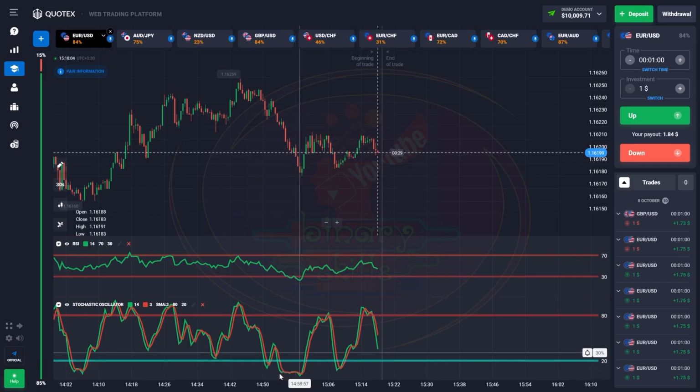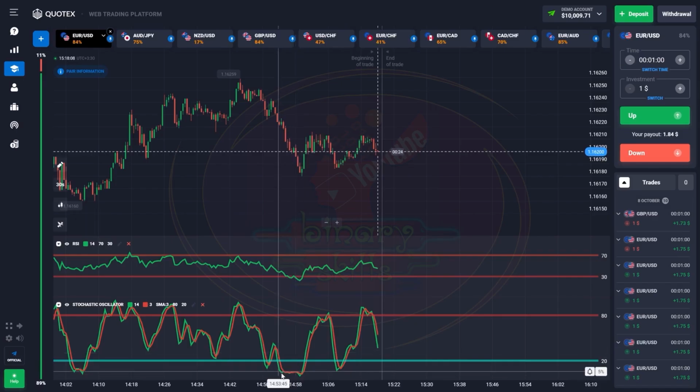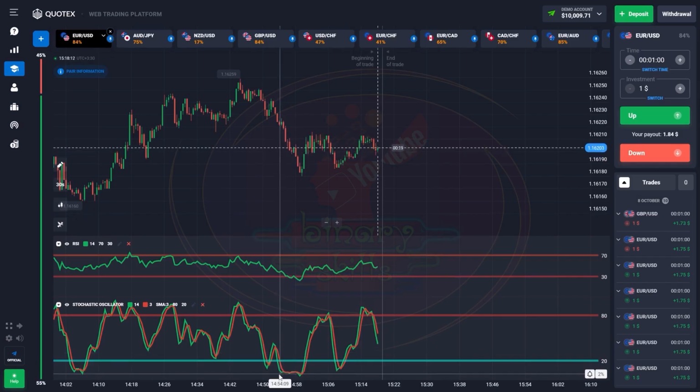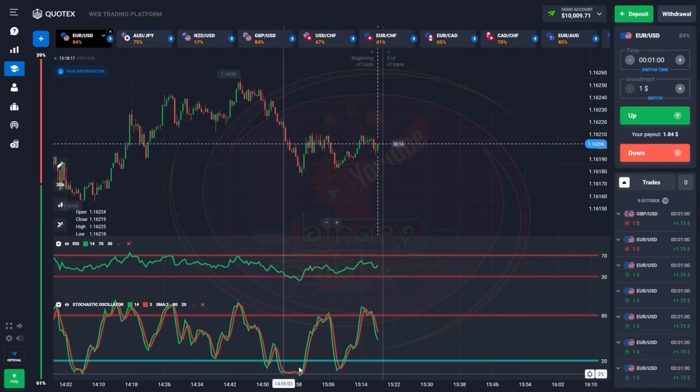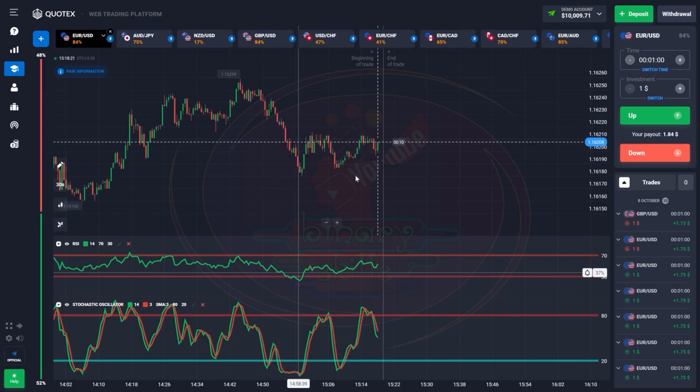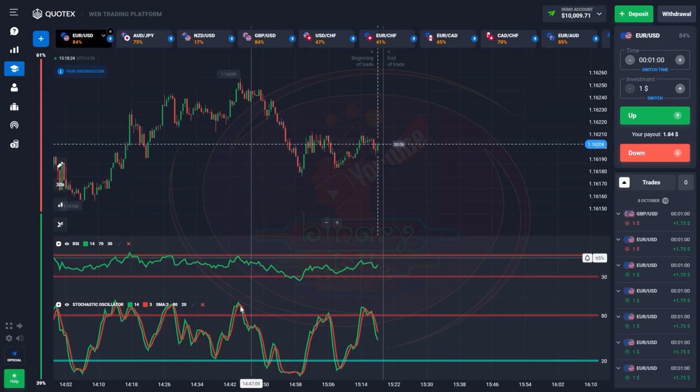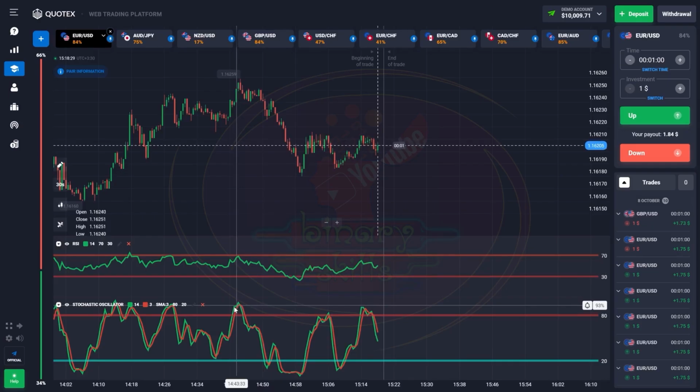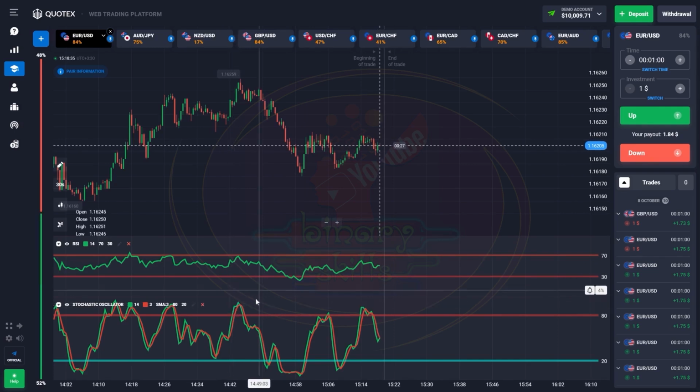Now, when we are considering an oversold condition, the green line should initially be below the red line and moving upward, meaning its trend should be curving upward like this. And if, for example, we are in an overbought area like in this region, the green line should be above the red line and moving downward. We need to see that its direction is moving towards the bottom.